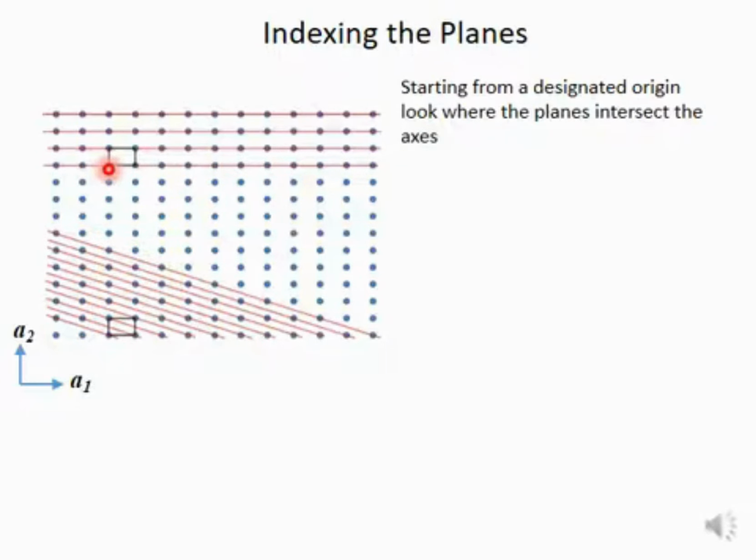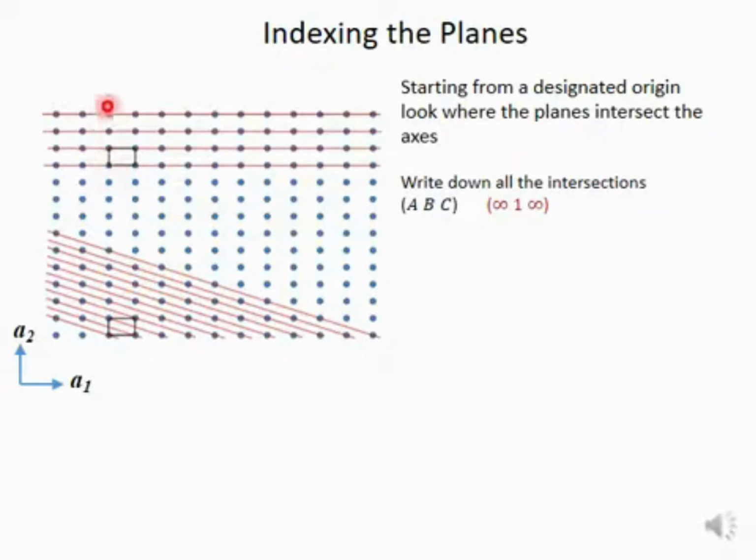Let's say this one, and you move first along a1 and see whether the set of planes intersects this axis. Since they are parallel, they don't intersect anywhere, even if you go to infinity. So the first intersection is at infinity.